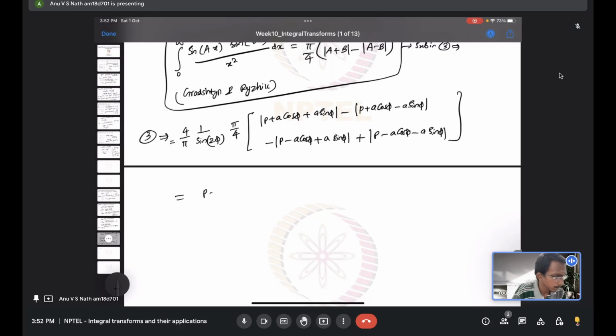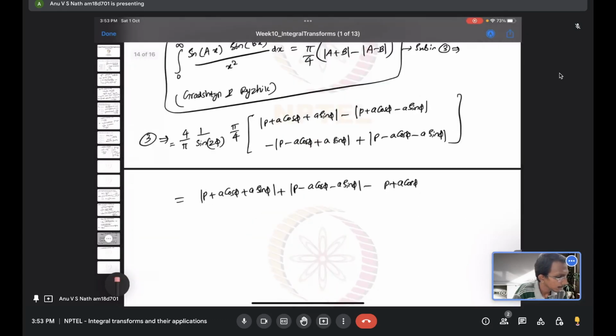We will find the solution to be the absolute value of p plus a cos phi plus a sin phi, plus the absolute value of p minus a cos phi minus a sin phi, minus the absolute value of p plus a cos phi minus a sin phi, minus the absolute value of p minus a cos phi plus a sin phi, the whole divided by sin 2 phi.